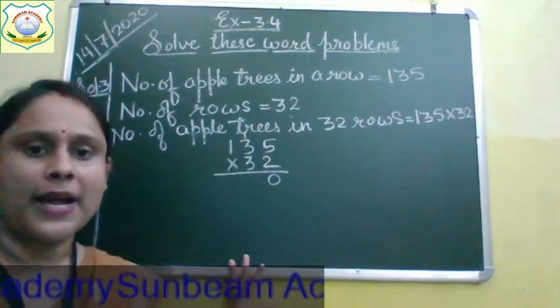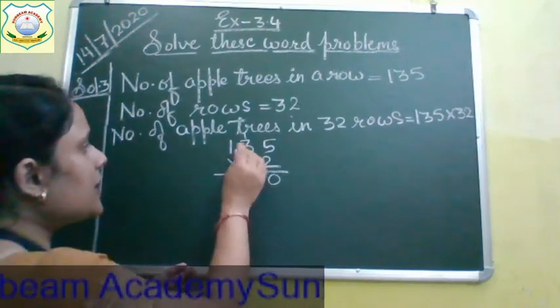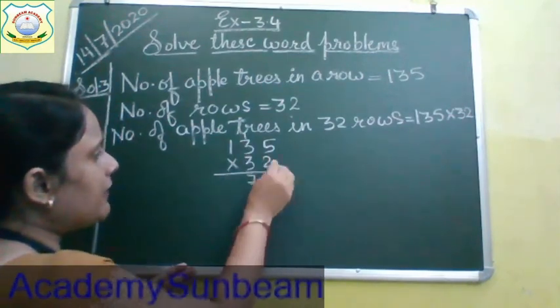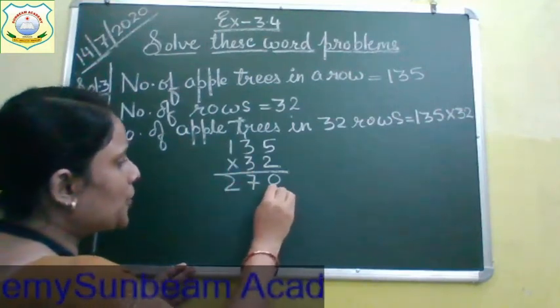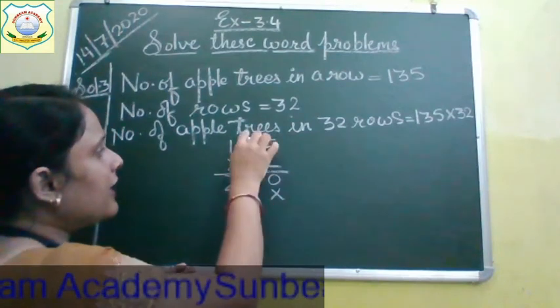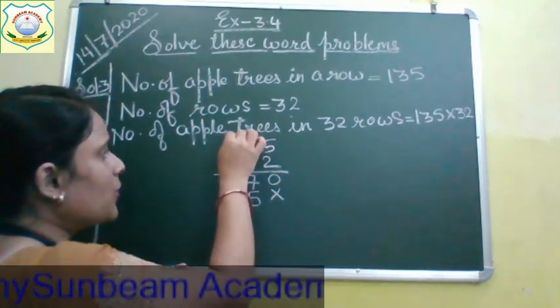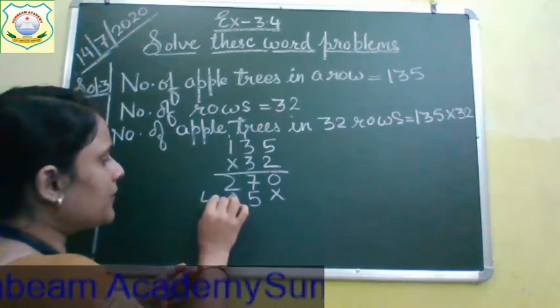Then we will multiply 2 to the number in the tens place, which is 3. 2 3s are 6 plus 1, 7. 2 1s are 2. Put a cross. 3 5s are 15, 5 carry 1. 3 3s are 9 plus 1, 10. 0. 3 1s are 3 plus 1, 4.